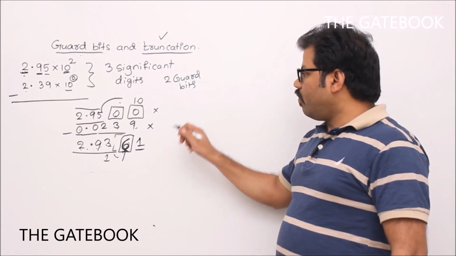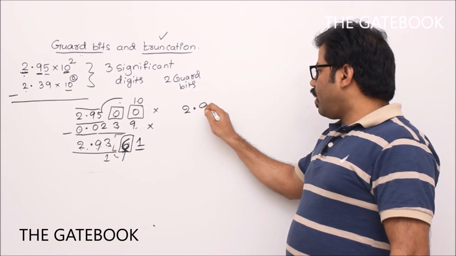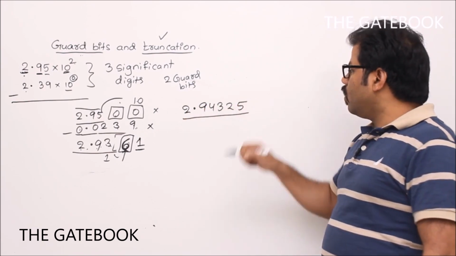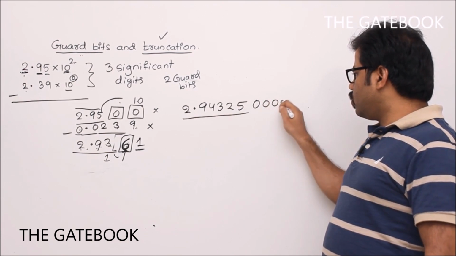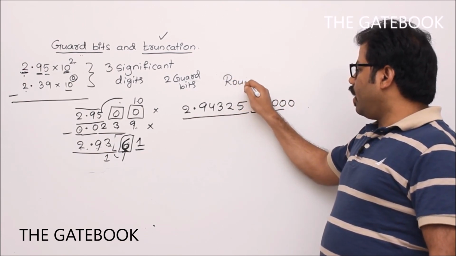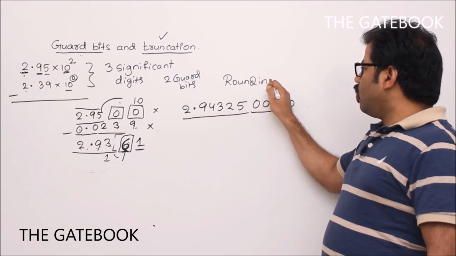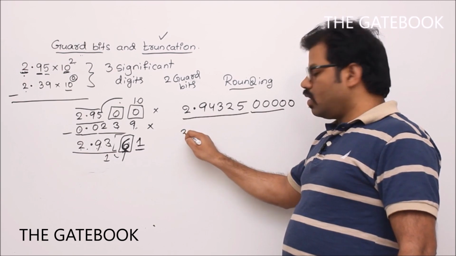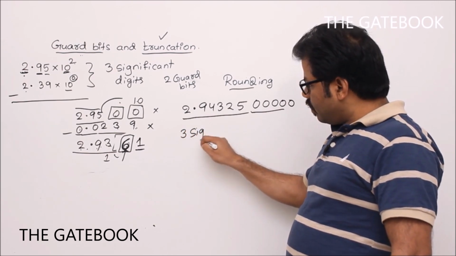So whenever you have 2.94325 followed by 00000, now you are doing rounding. In the rounding procedure, assume that it is 3 significant digits again.